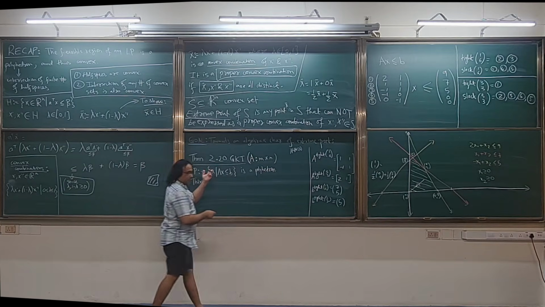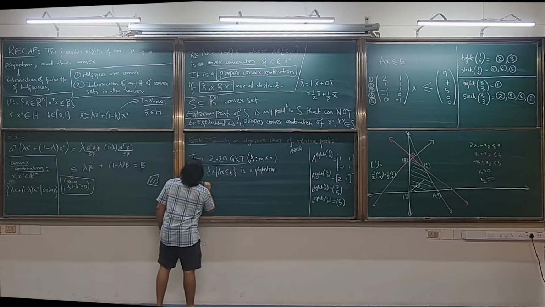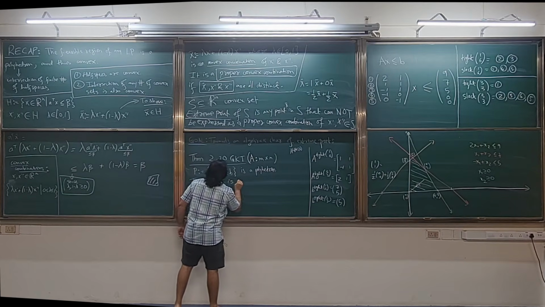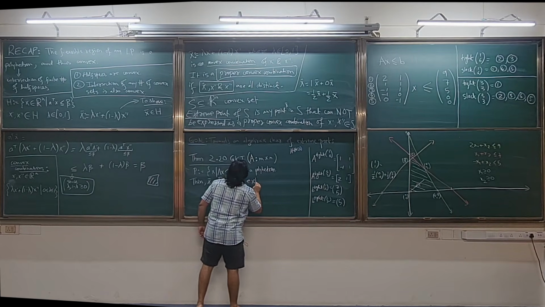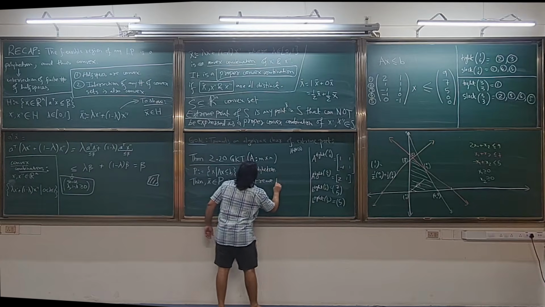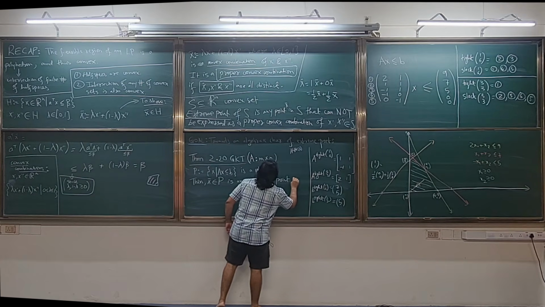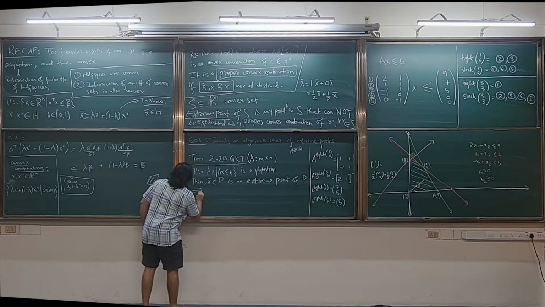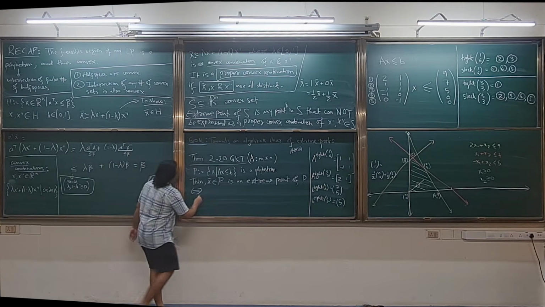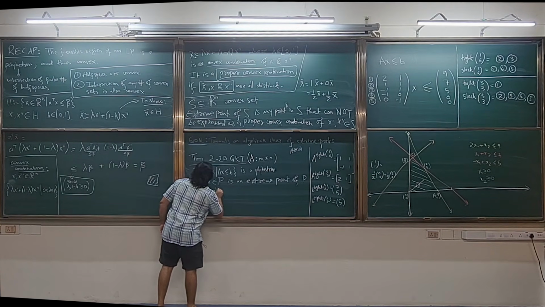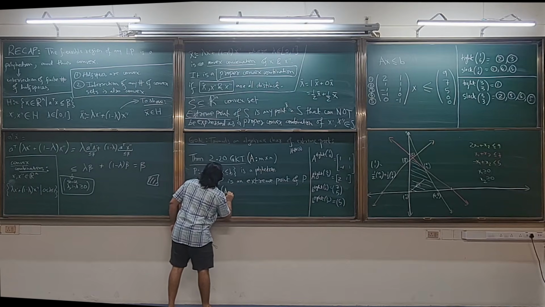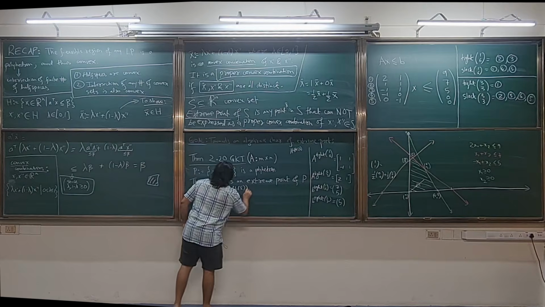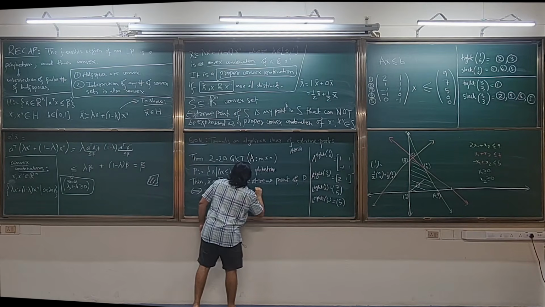That should give you the dimension of everything else. And x bar in P is an extreme point if and only if the rank of the corresponding matrix is n.